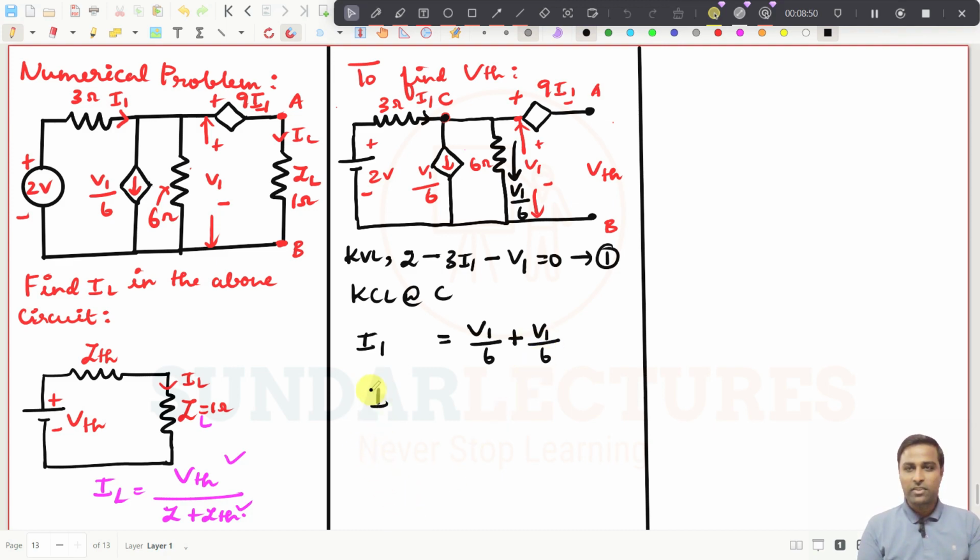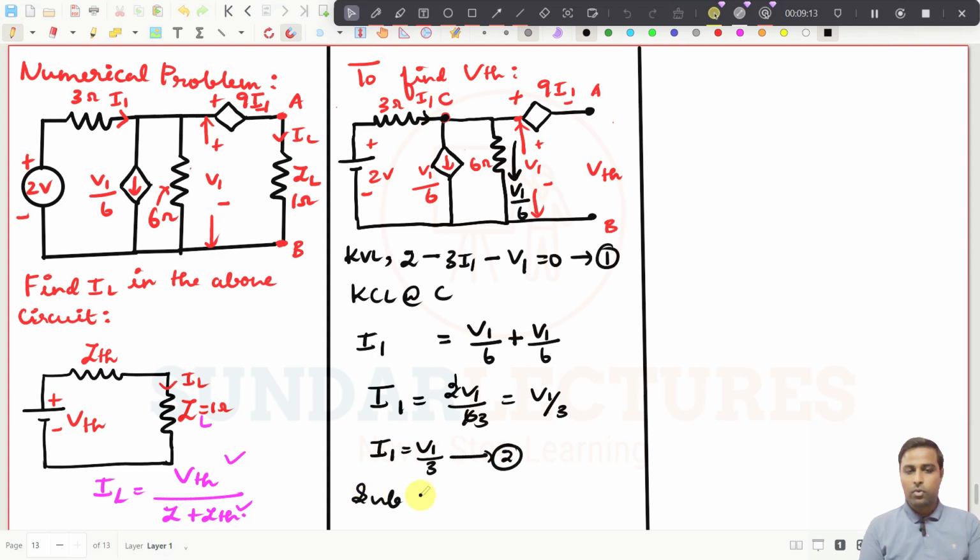If you simplify this, I1 will be equal to 2V1 by 6, which is 3 times and this will be 1 time. So it will be V1 by 3. So the combination of I1 and V1 will be V1 by 3. Make it expression number 2.